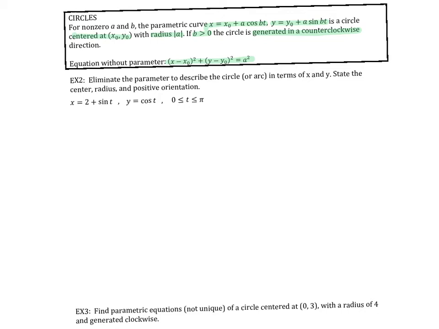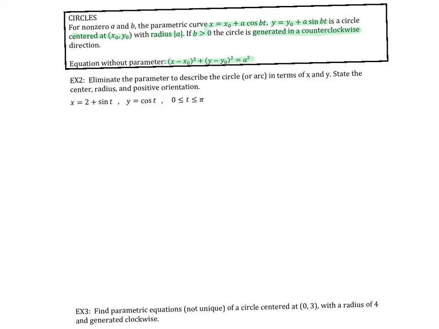Well, that's interesting. The general form has x as cosine, y as sine, but that doesn't matter. If you exchange sine and cosine, what happens is your circle will be generated in the clockwise direction. Exchanging sine and cosine changes the direction that your circle is generated in.